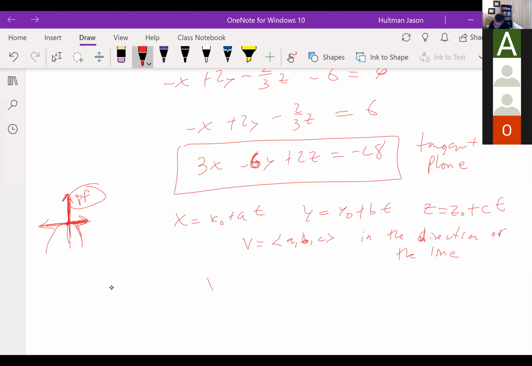So if we can find out what del f is, then that gives us our vector through a point. A point and a vector in the direction of the line, we get the line. So del f at what?